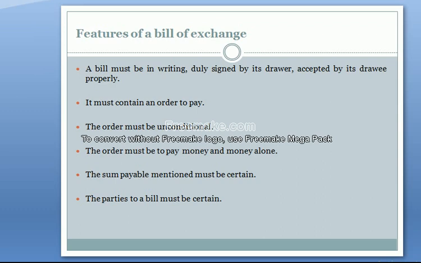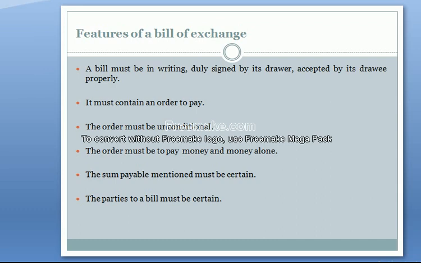The next feature is that the sum payable mentioned must be certain. The amount that the drawee will pay on the order of the drawer, how much money should be paid to the payee, that amount should be mentioned, clear, in the bill of exchange, in written form.